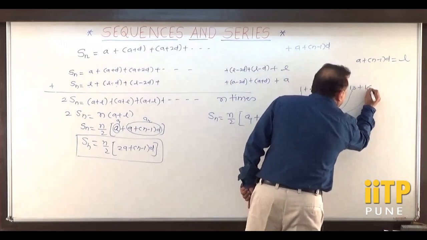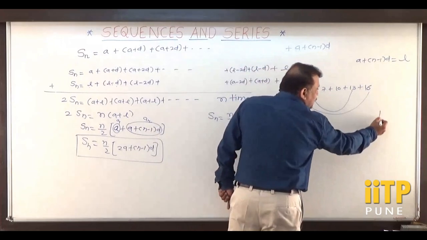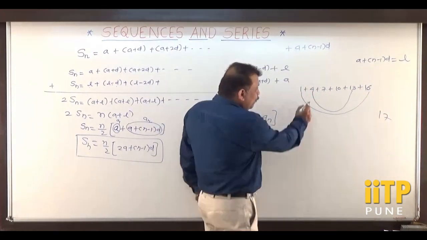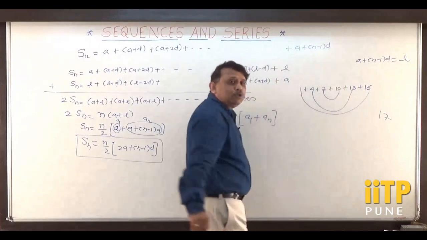Here it should be 16. So 13 plus 3 is 16. 1 plus 16 is 17. Again 4 plus 13 is 17. And 7 plus 10 is also 17.